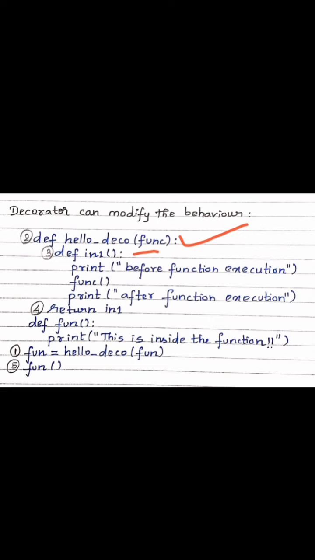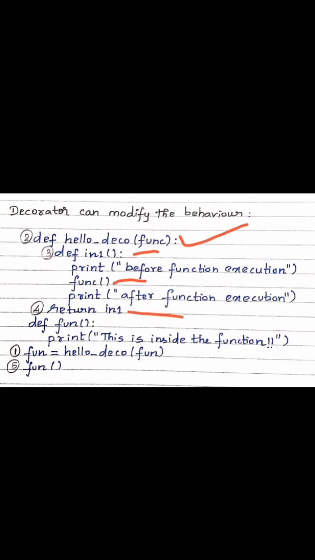I mean, the function name is func. Fine. Then you will have a print statement. Then look at this function func. Here you're calling the actual function inside the wrapper function. Then you have a print statement. Then you have to return in1.